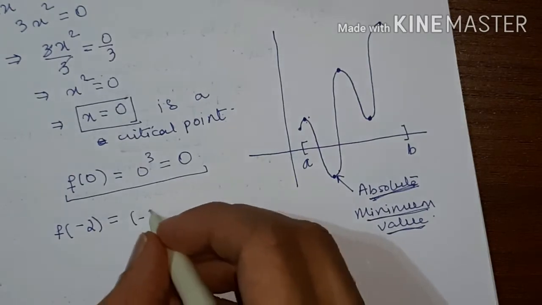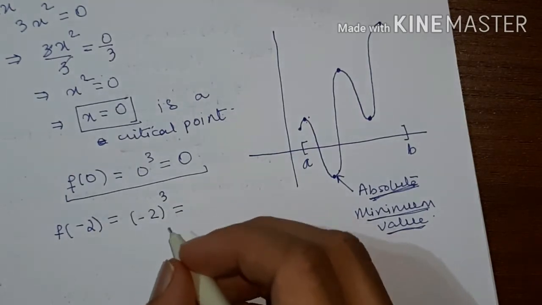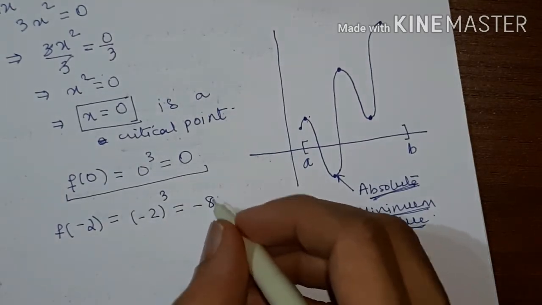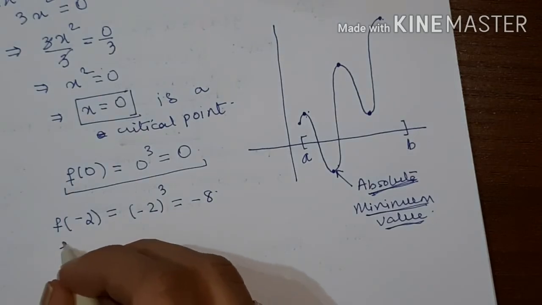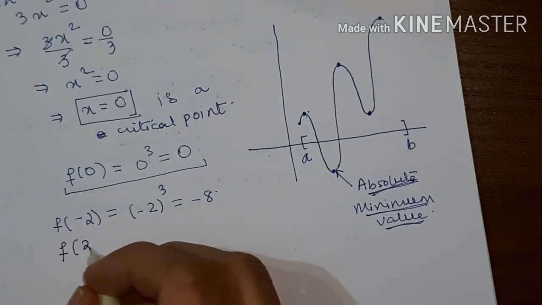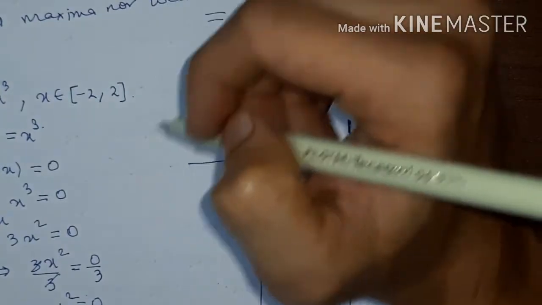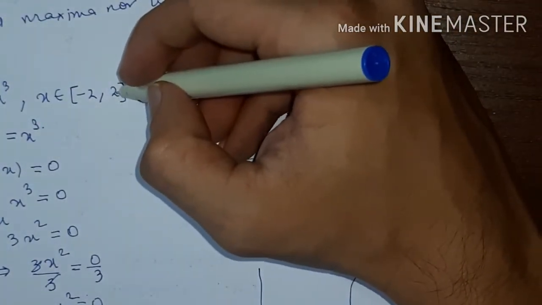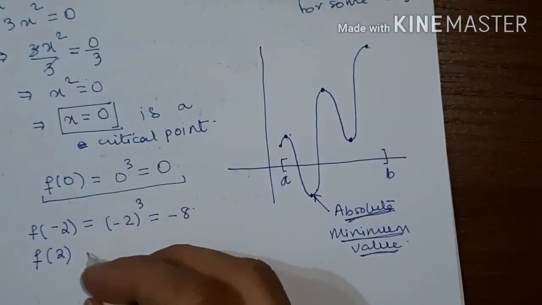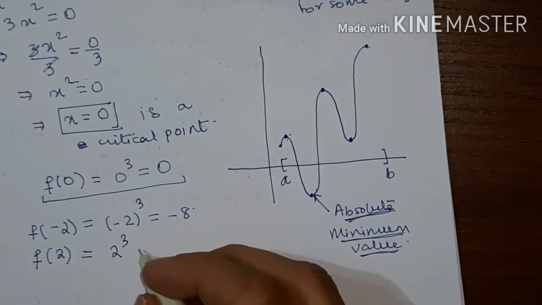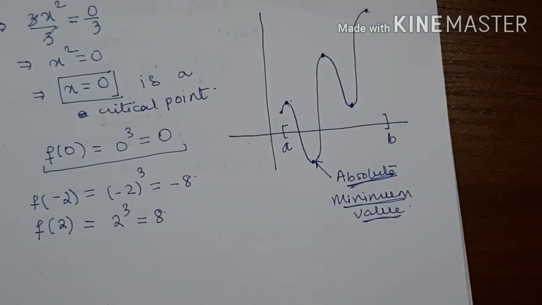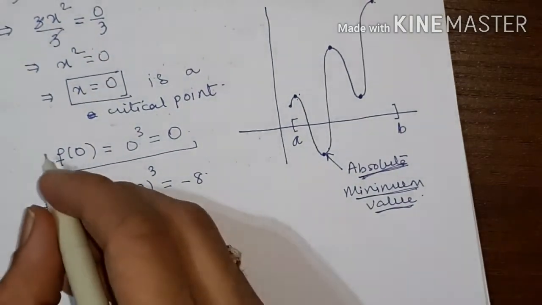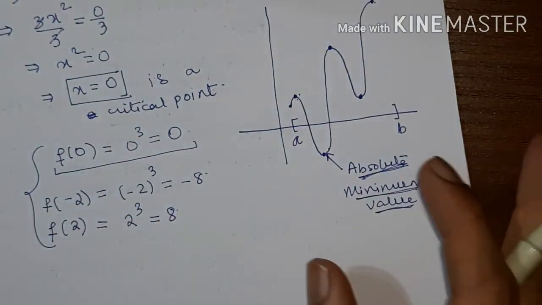That is minus 2 cube, which is minus 8, right? Now you have to also find the value of the function at the next endpoint, that is 2. So you'll get 2 cube, which is equal to 8, right? So these 3 values you have.